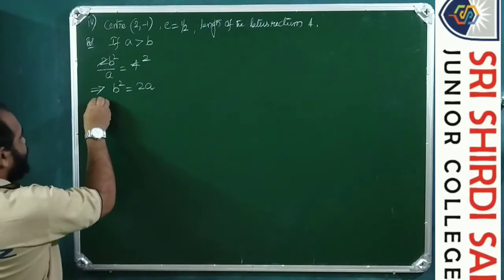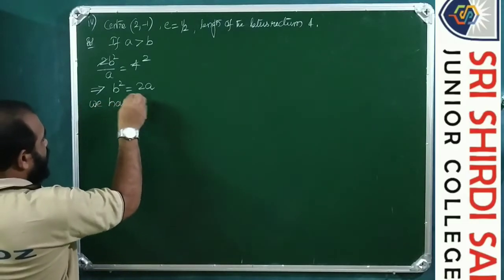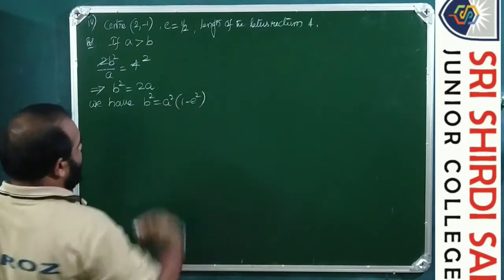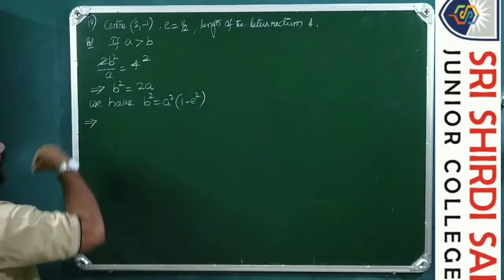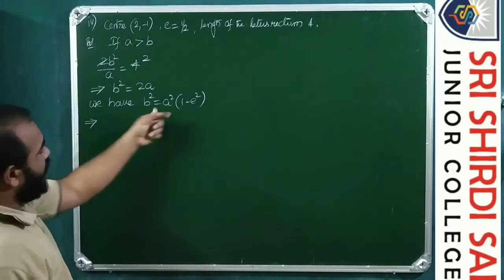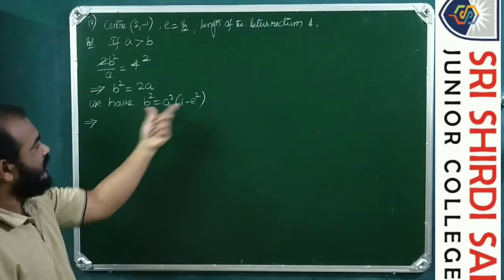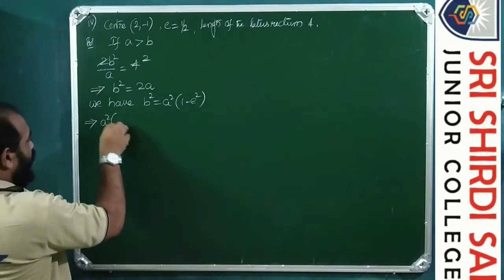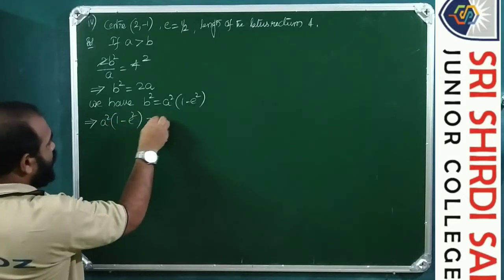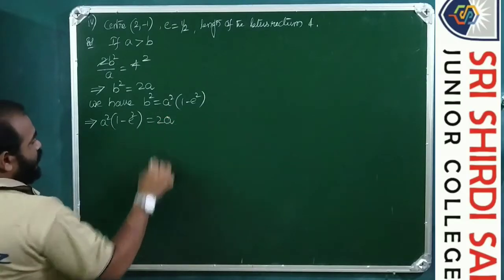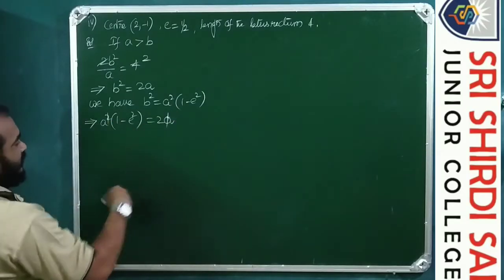So we have B square is equal to A square into 1 minus E square. From this, in the place of B square, let us replace B square with this. A square into 1 minus E square equals 2A. So this is equal to this and this gets cancelled.